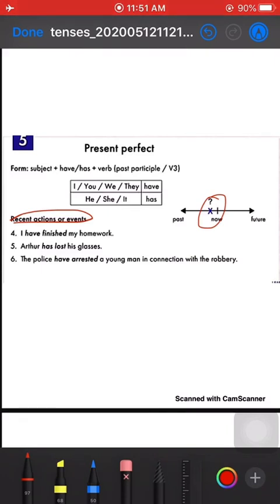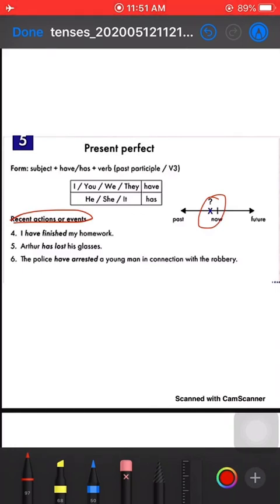Again, for example, I finished my homework at 6:30 p.m. That means I finished my work at 6:30. So again, that comes in the past simple. Arthur lost his glasses at the party. Now I have removed "has" and only used the second form of the verb: lost his glasses at the party.